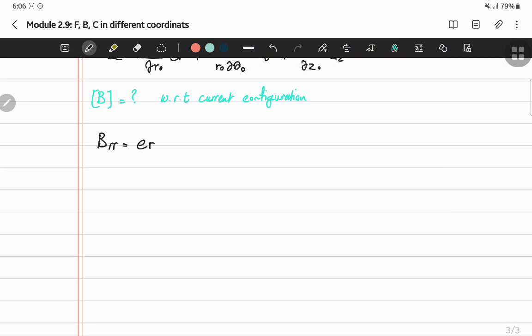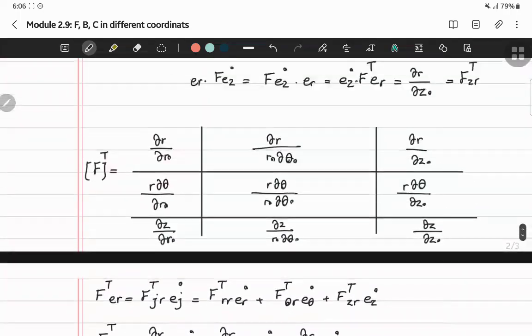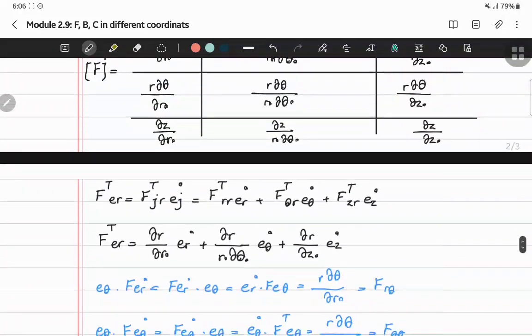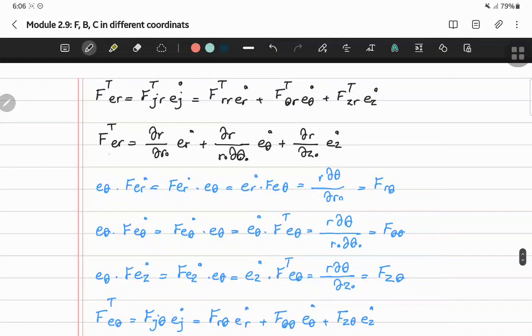So we can write E R dot B E R, and since we know that B is basically F F transpose, we can write E R dot F F transpose E R. So we can write this as E R dot F, F transpose E R. So we have to find F transpose E R, and F transpose E R is in here.